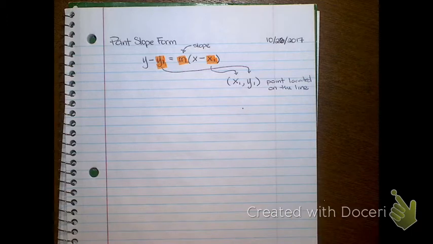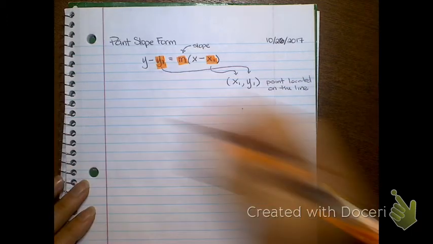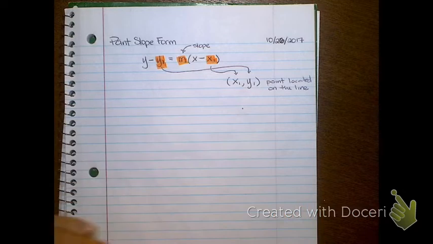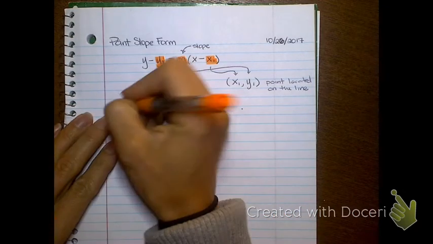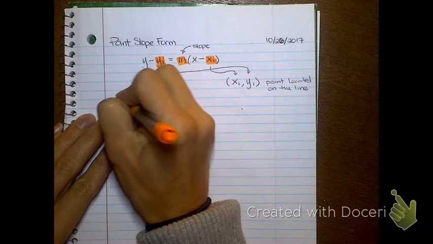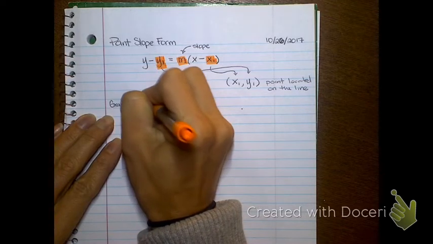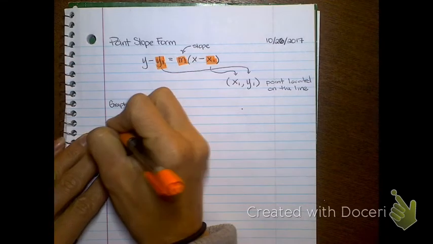Okay? So what we're going to start out by doing is a little bit of graphing using this point-slope form. We're going to graph each line. Here's your first example.